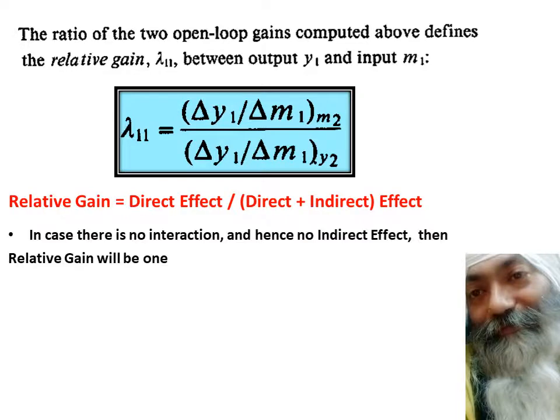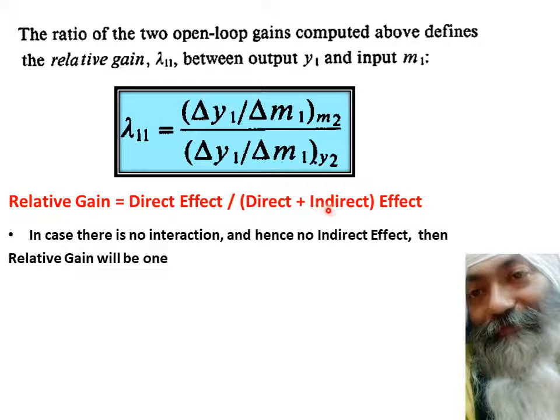Now let us see. I take the first case when there is no interaction at all. If there is no interaction at all, then there will not be any indirect effect. So this indirect effect will be 0. Relative gain in that case will be what? Direct effect divided by direct effect.